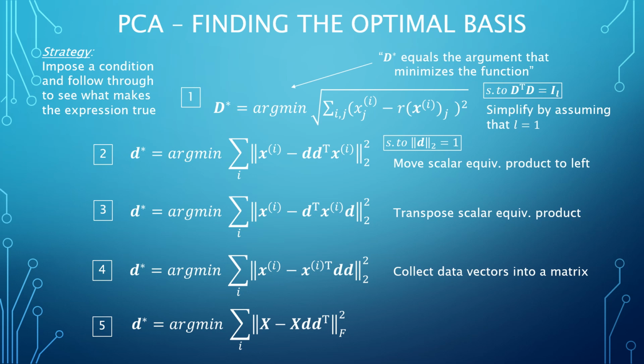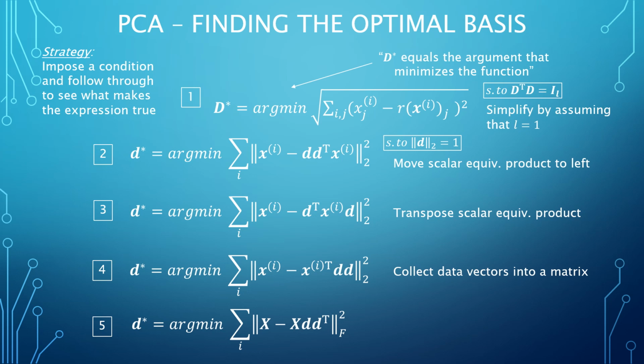To pursue this solution, we can start by considering the case where L equals 1. That's to say the case where we're maximally compressing our data, reducing it to only one dimension when encoding it. By making this decision, our D matrix is reduced to a single column vector, so the situation is easier to get a handle on. That's what we see in equation 2.